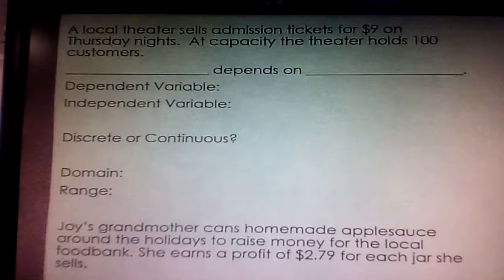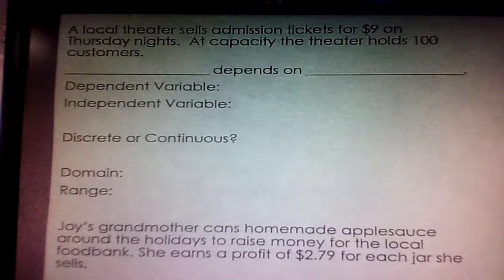So they're a solid person. You're dealing with money. Unless somebody's stealing from you, you're not going to have negative money. You're selling something. You can't have a negative amount of tickets. Again, unless somebody's stealing from you, you're not going to have negatives. So keep that in mind while we're doing these.